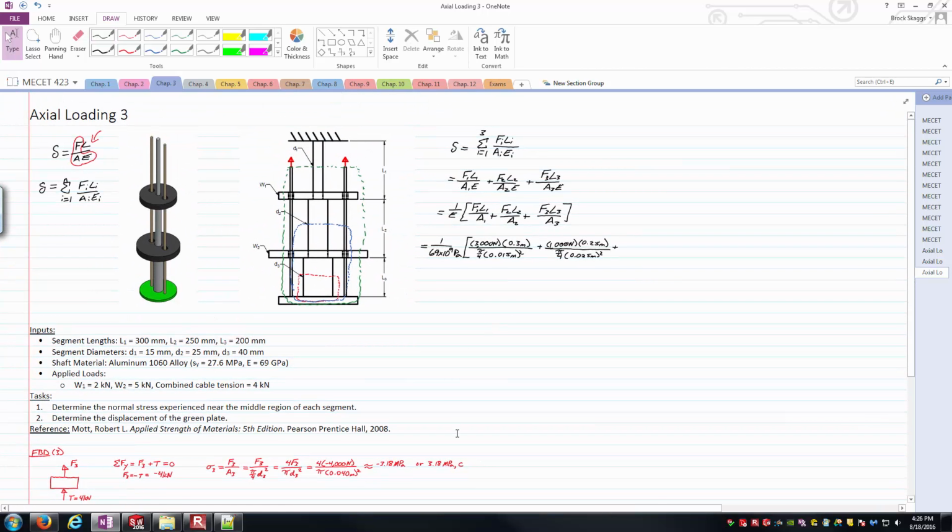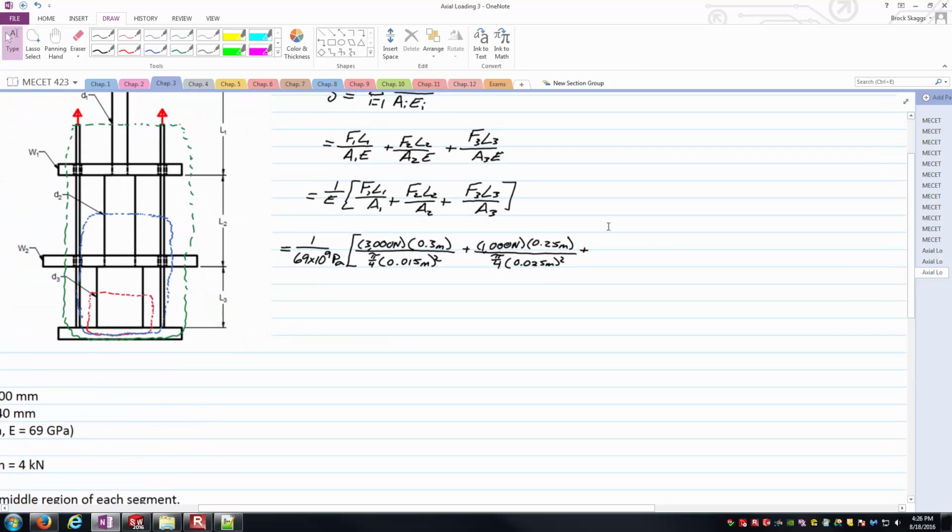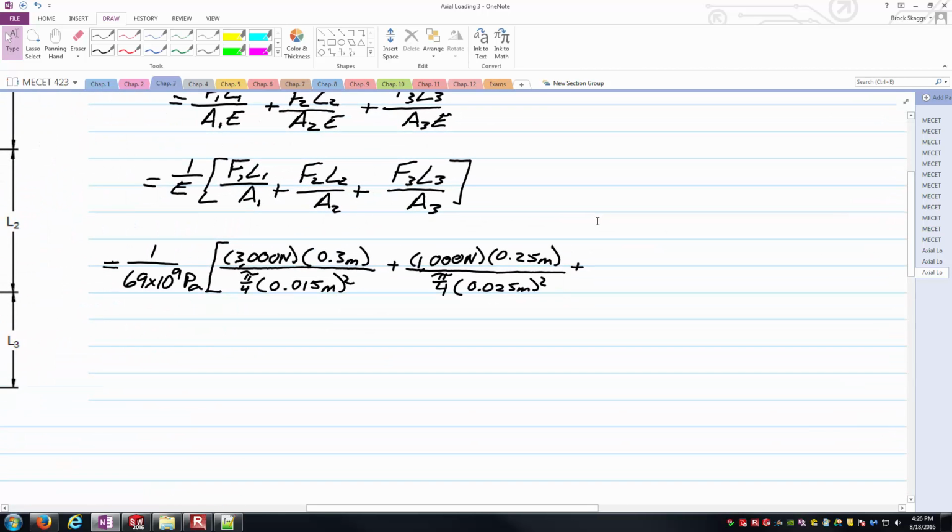And finally, section 3. Section 3 is the only one that's in compression, and so notice we have negative 4 kilonewtons here. I'm going to keep the sign negative because I'm using the sign convention that positive means elongation, tension. So I'll have negative 4,000 newtons here.